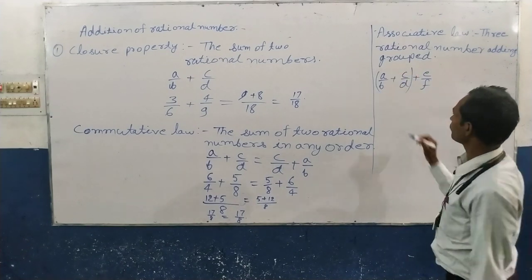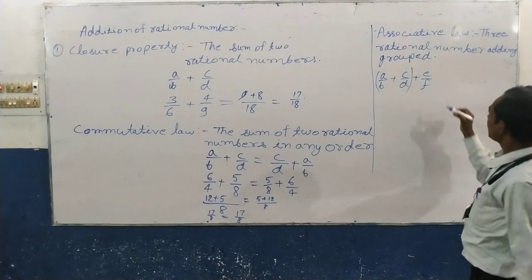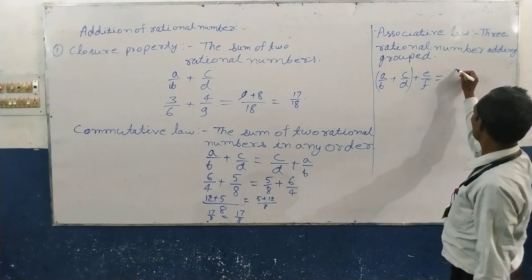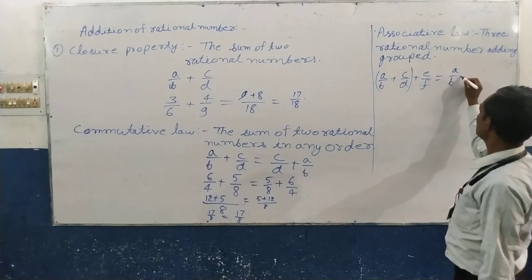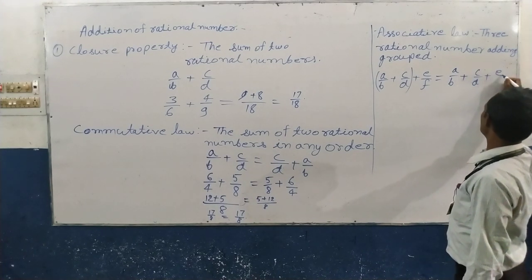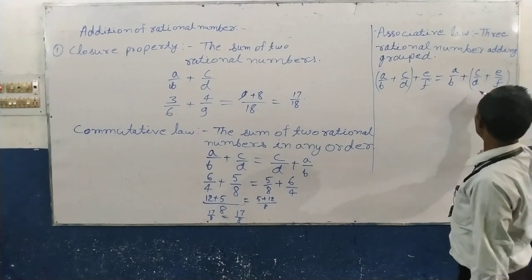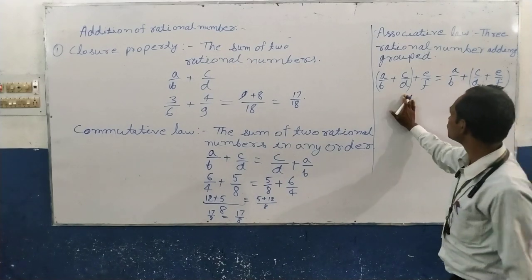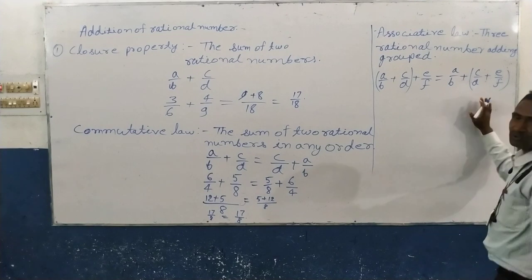Also group a by b plus c by d, and the same way a by b plus c by d plus e by f in a group. Here group the first two and here group the last two.